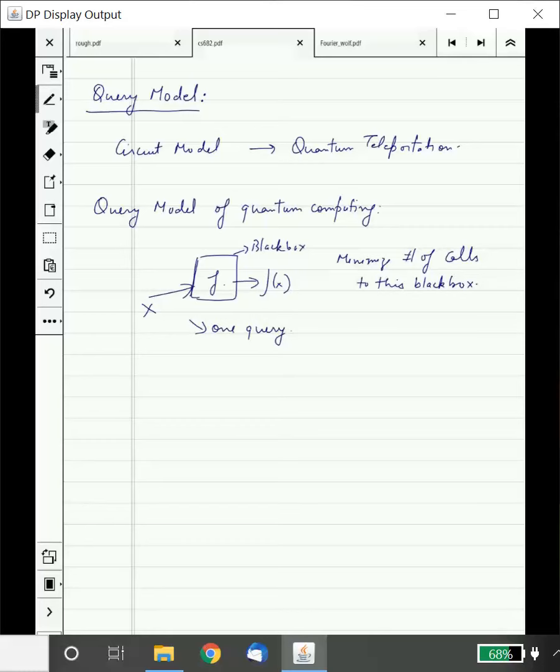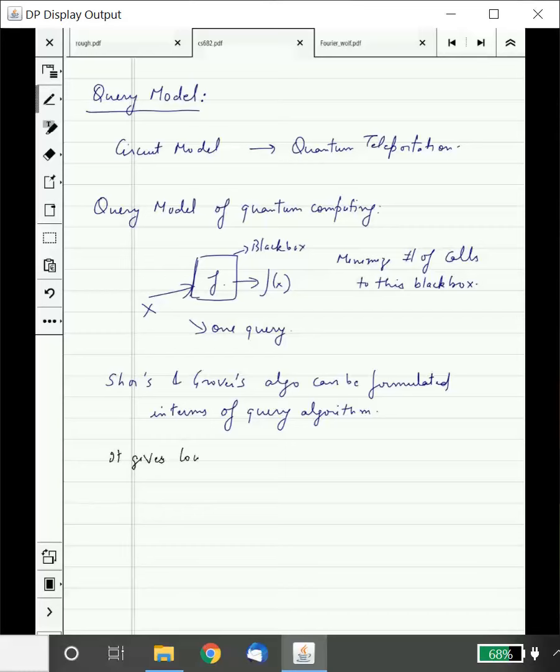Let me formalize it. The reason being, many of the known algorithms for quantum can be formulated in terms of query algorithms. It has been used many a times to describe the most famous algorithms of quantum computing, and it gives a lower bound on time complexity.